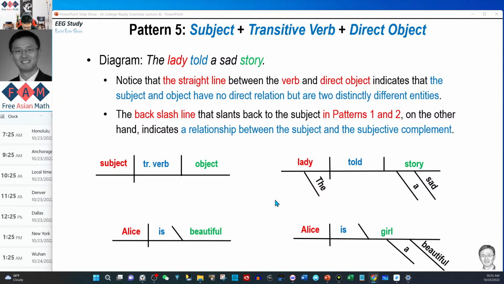So this diagonal line really, just as an arrow, shows that the complement is directly related to the subject. It completes the idea. That's why it's called complement. But the logical relationship is that it has a direct relationship with the subject.